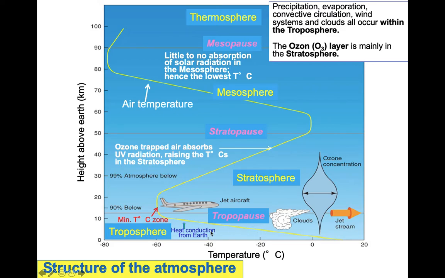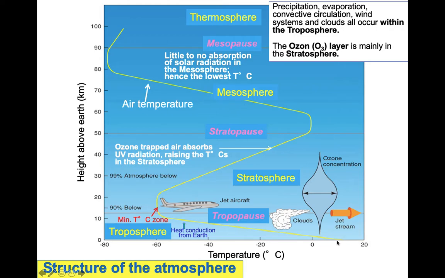So we have four layers of the atmosphere: the troposphere, stratosphere, mesosphere, and thermosphere, which is the highest layer in the atmosphere, between 90 kilometers and higher up. These different atmospheric layers are separated by different boundaries: the tropopause, separating troposphere from stratosphere; the stratopause, and the mesopause, the other two boundaries higher up. The yellow curve shows the temperature changes in the atmosphere with height or elevation.